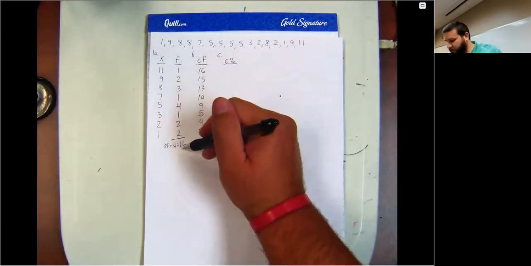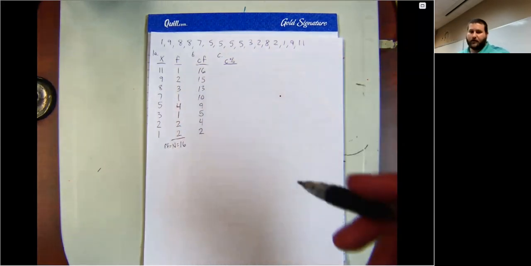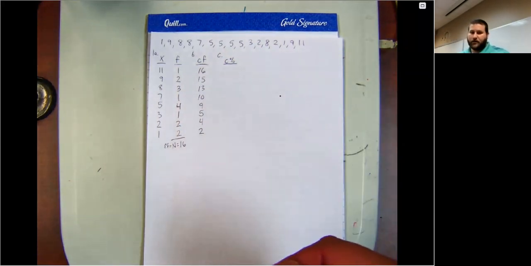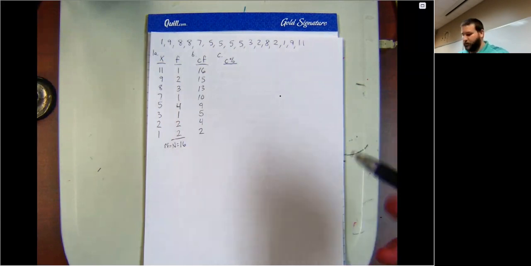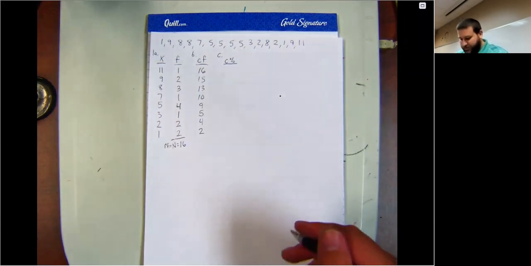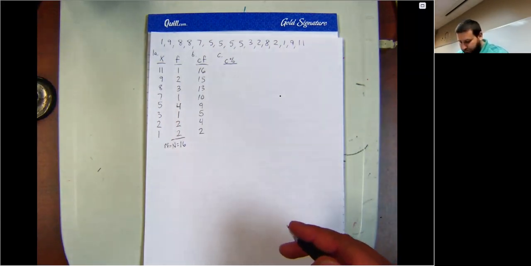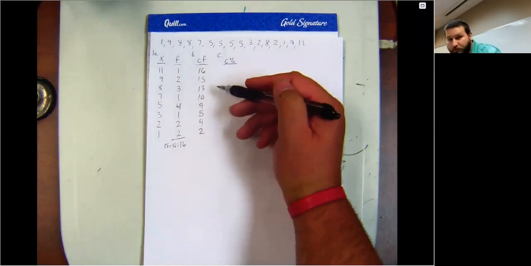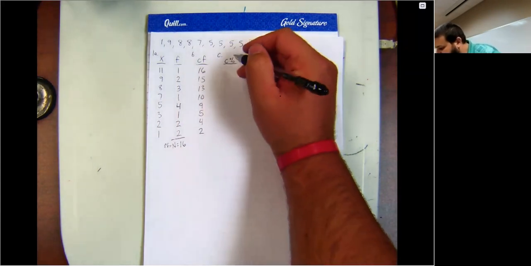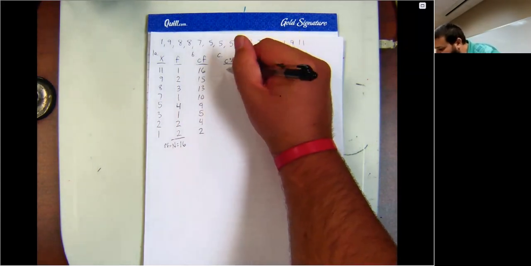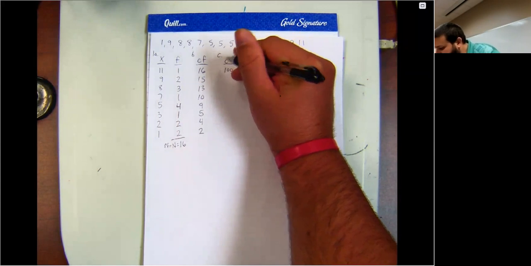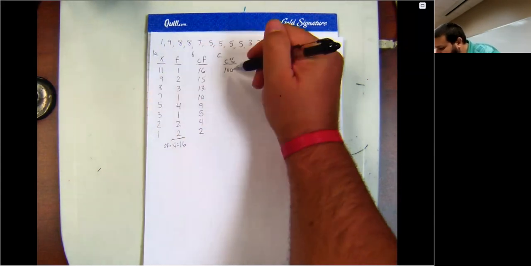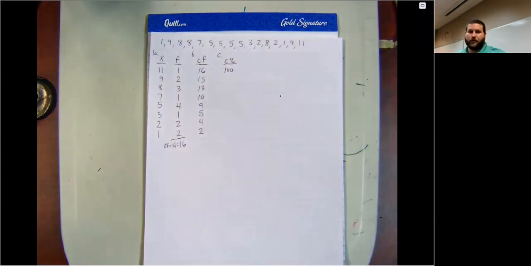We have our n of 16. And if we take cumulative frequency divided by n times 100, we get cumulative percent. So cumulative percent for the first value would be 16 over 16 times 100. And 16 over 16 is 1, times 100 is 100%. So that's why if you list them high to low, 100% would be your top cumulative frequency there.